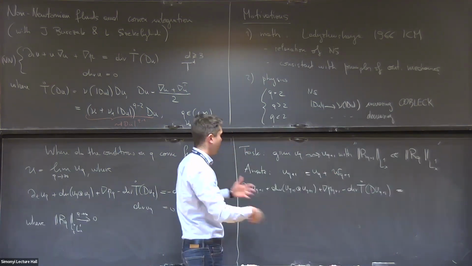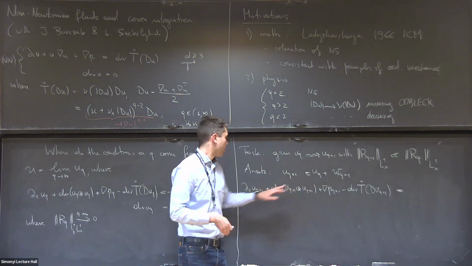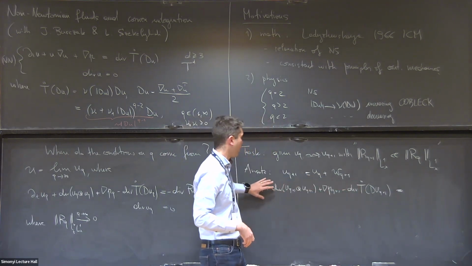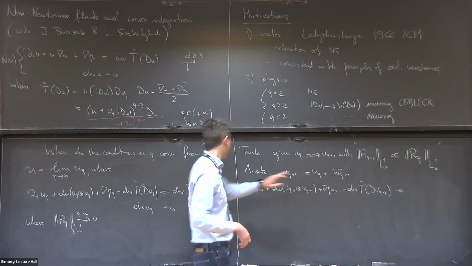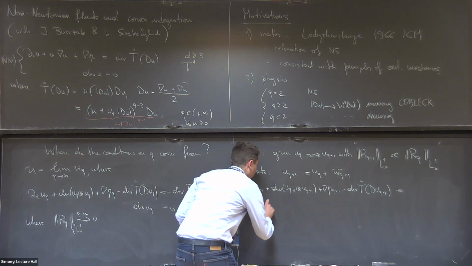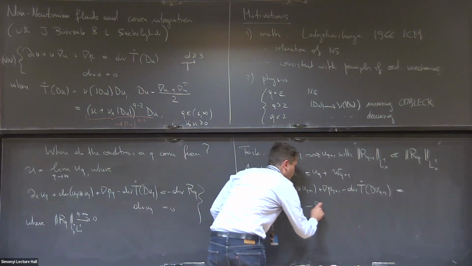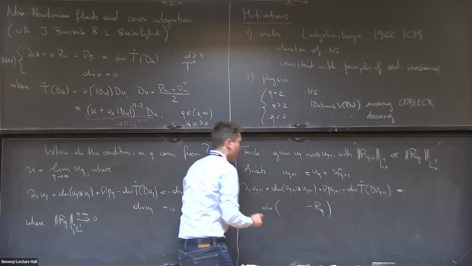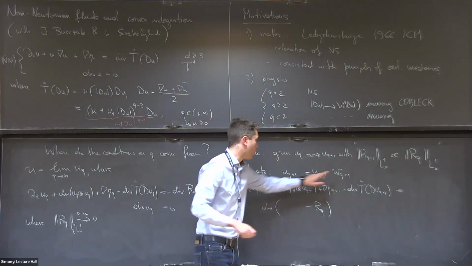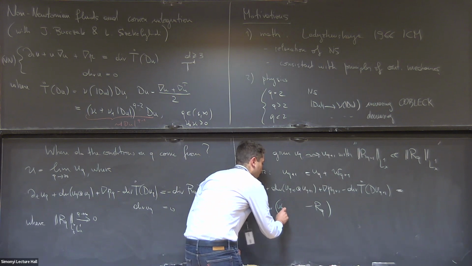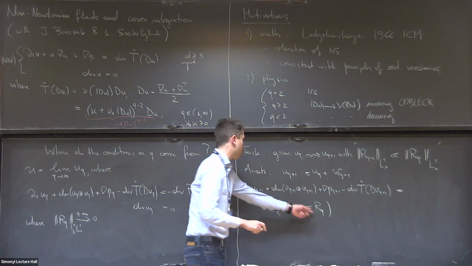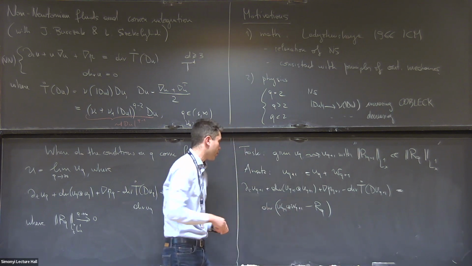After some computation, essentially when I apply this differential operator to U_q, I get my old error, a term of the form divergence of minus R_q. Then when I apply the divergence of the product to W, I get a term of the form W_{q+1} tensor W_{q+1}, and I put them together inside the same divergence.